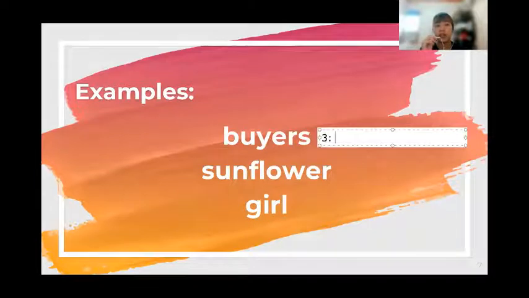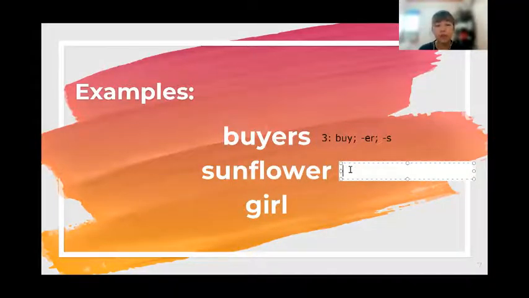That includes the base form or the root word as well as its affixes, which are your prefix and your suffix. So we have 3. First is the base form, buy. Another is the suffix er, and the suffix s.